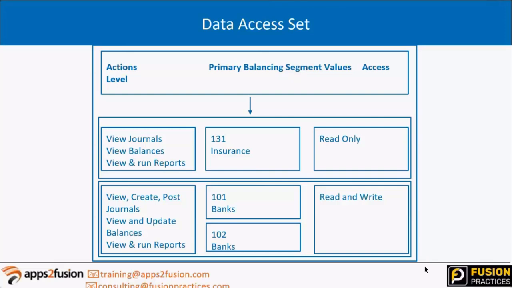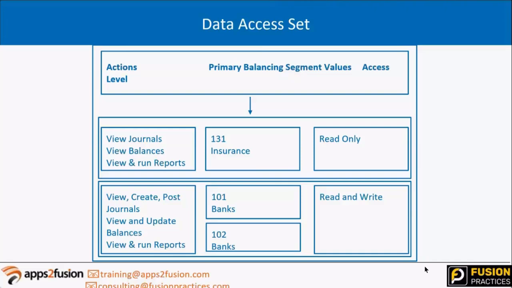We can use that data access set or we can create our custom data access set as well. Why is it used, or where exactly is it used? If we want to restrict the access at the balancing segment value level, we can use this data access set to create our additional security on top of our entity segment.